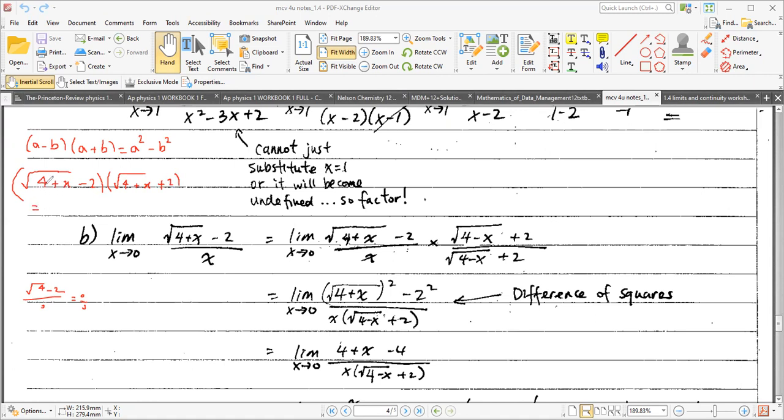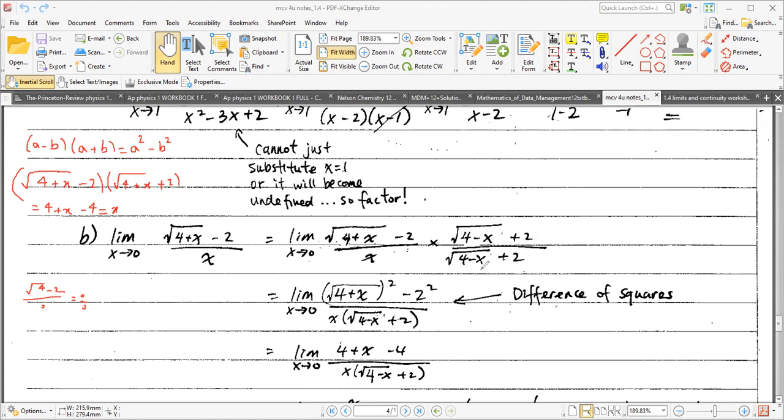You get this one squared, which is 4 + x, minus 2 to the power of 2. That is a^2 - b^2, which is going to be x. So we have that. We need to multiply the numerator by the square root of (4 + x) plus 2.